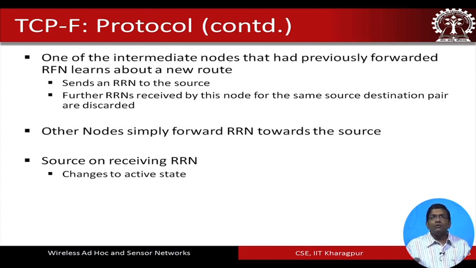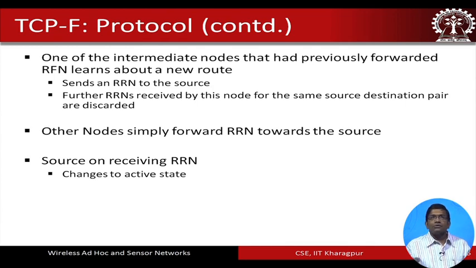One of the intermediate nodes that had previously forwarded the RFN learns about a new route and sends the RRN to the source. It knows that the source has to be informed, and it knows that earlier the RFN was sent through it. So this intermediate node takes the ownership of informing the source by sending the RRN packet.